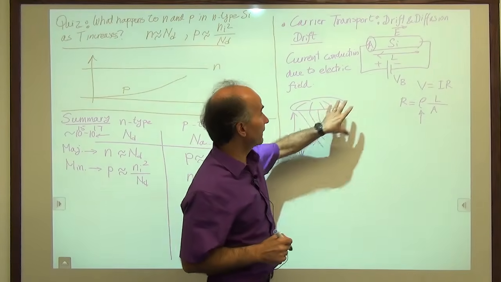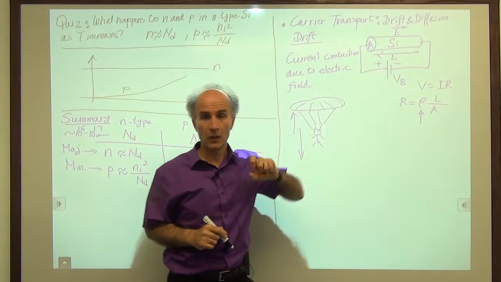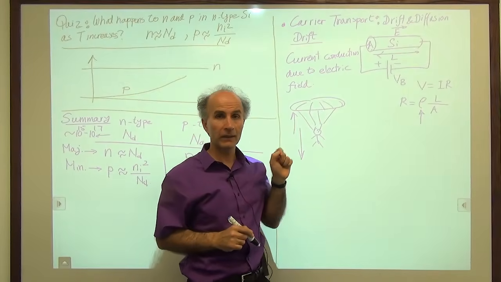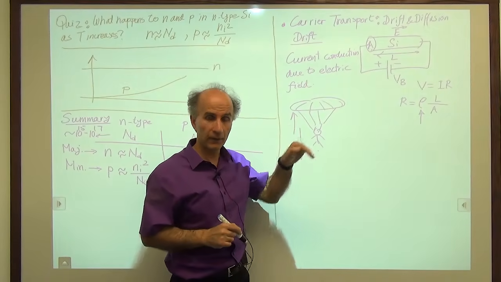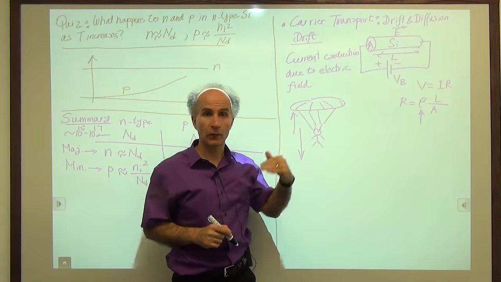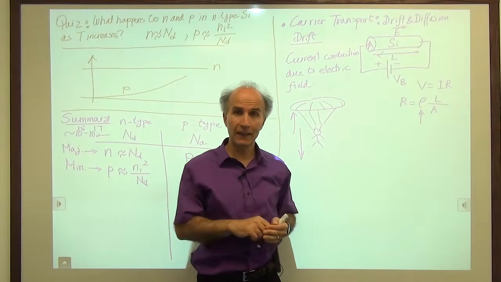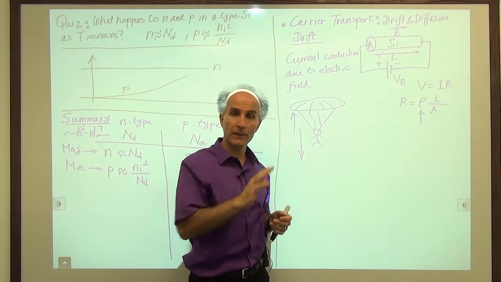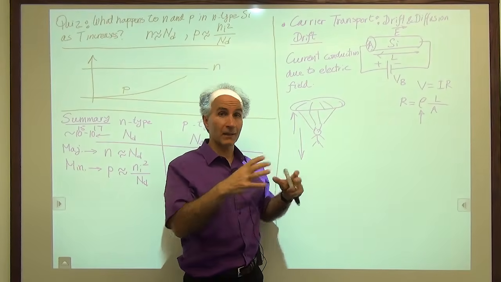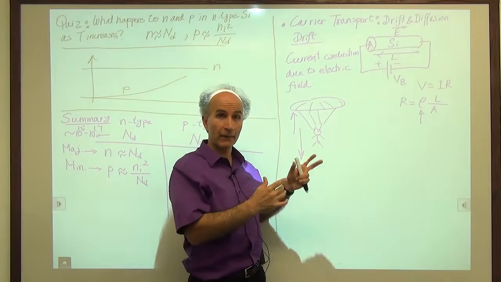Now, a similar effect happens in silicon. When the electrons are accelerated by the electric field, there's a counter force, and the counter force is the result of the electrons hitting the crystal of the silicon. Remember that silicon has lots of atoms, and we don't have that many electrons.